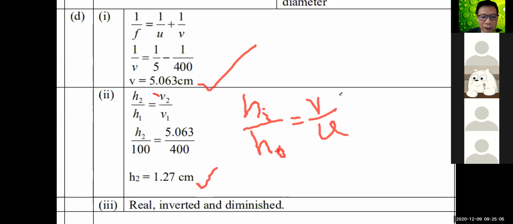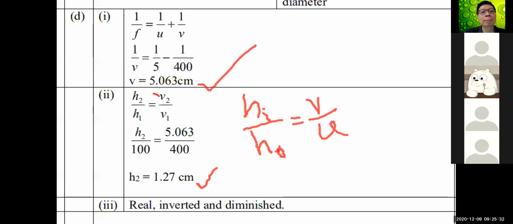It must become smaller. And the inverted one, to be surprised, the image inside the camera is actually inverted. So the camera uses a computer to overturn it. So it's real, inverted, diminished. Thank you, Ho Wan Yin. You forgot to turn off your mic. Thank you.